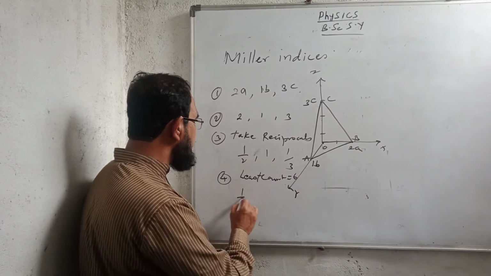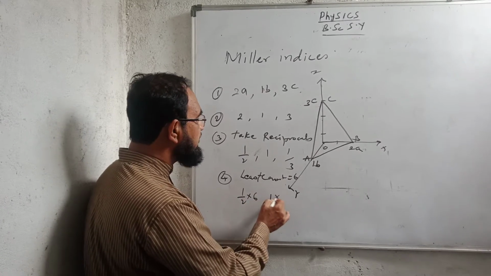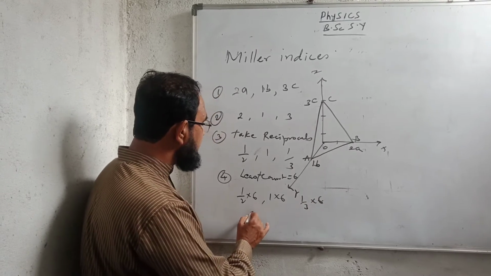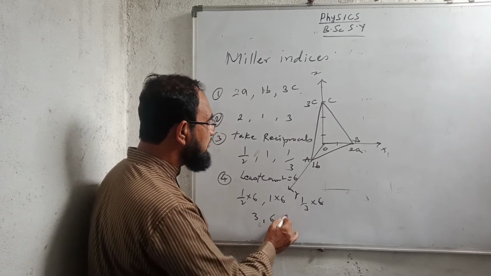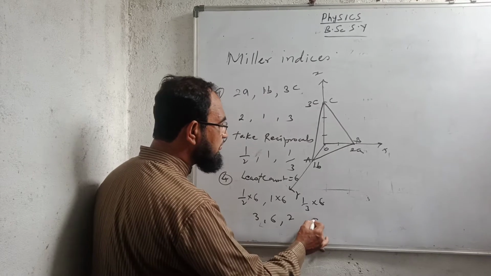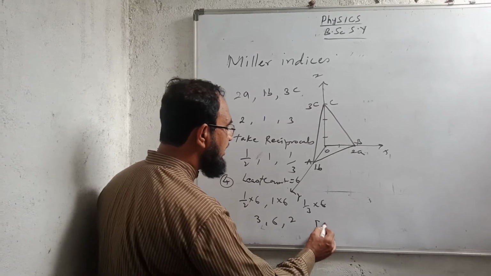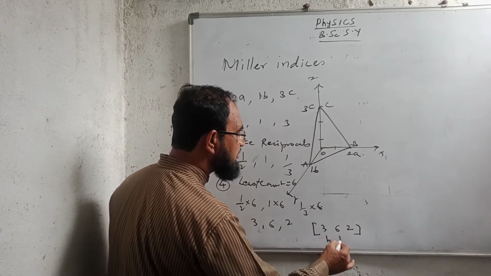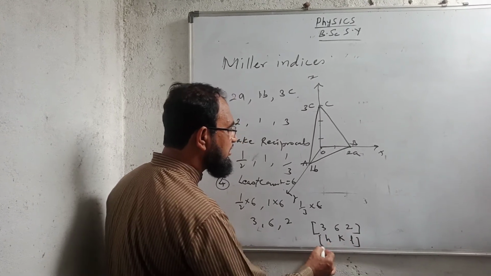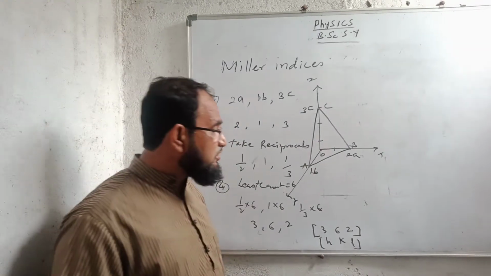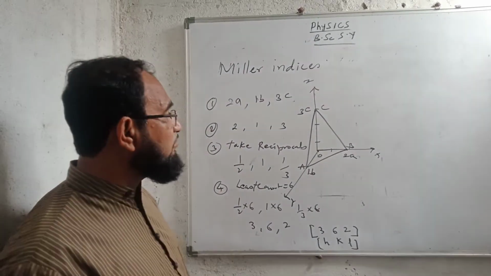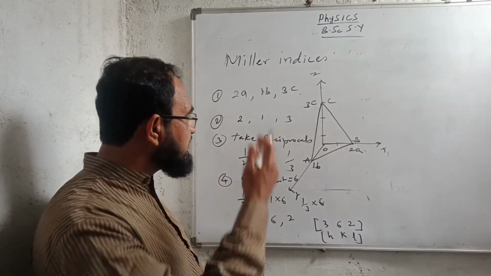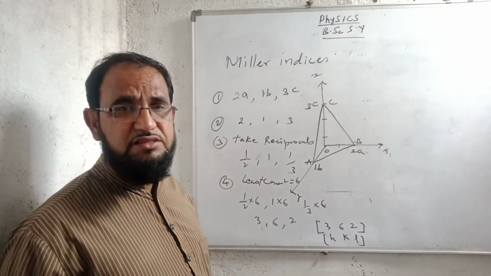So if I multiply 1 by 2 into 6, 1 into 6 and 1 by 3 into 6, you will get 3, 6, 2. These are enclosed in brackets as (3 6 2). They are called H, K and L, the Miller indices. This is the simplest method to calculate the Miller indices when the lattice planes are cutting the x-axis, y-axis and z-axis.